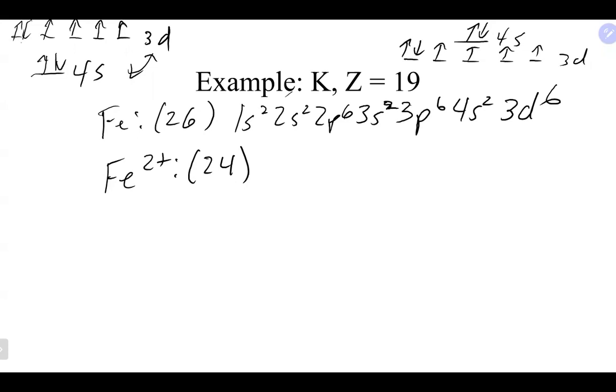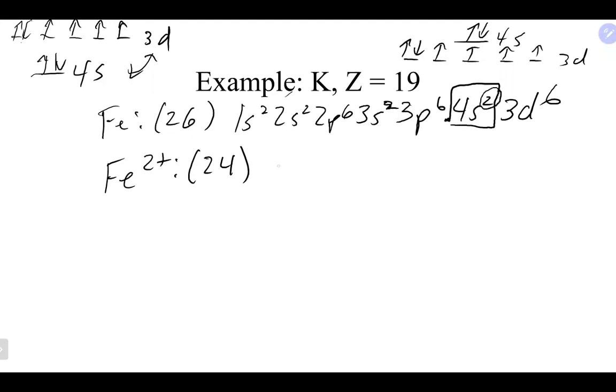So with transition metals, because there's this switch in the energy of those orbitals, they will always lose the s electrons first. So in this particular case, when iron goes to lose electrons, it would lose these 4s electrons first, and it would lose both of them.